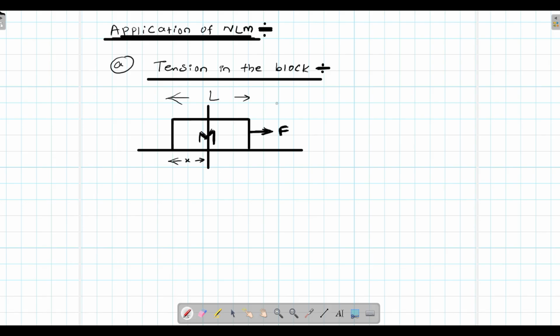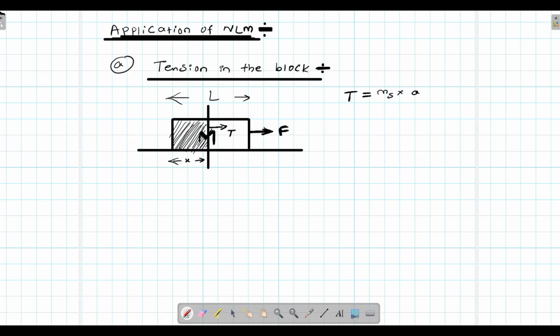So what would be the tension at this point? Tension at this point is equal to how much?